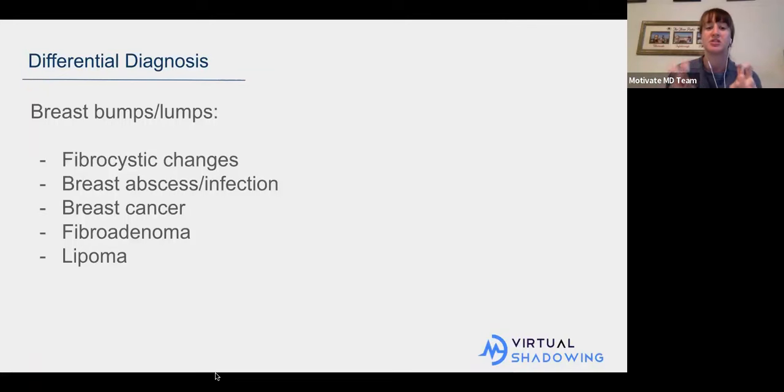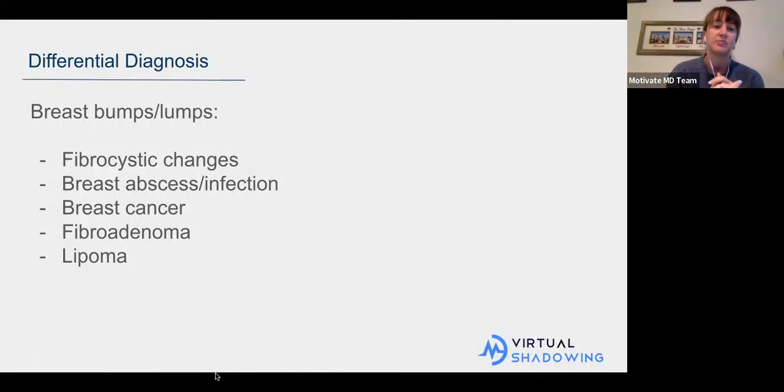Fibrocystic changes is what we call that, when somebody says, oh my gosh, my breasts feel different, I think there's more bumps here, but it goes away. They see this pattern at certain points in their cycle, and that is almost entirely attributed to hormone fluctuations. It's a very normal thing. A lot of women experience it, so we don't worry about it. There's nothing pathologic about it.